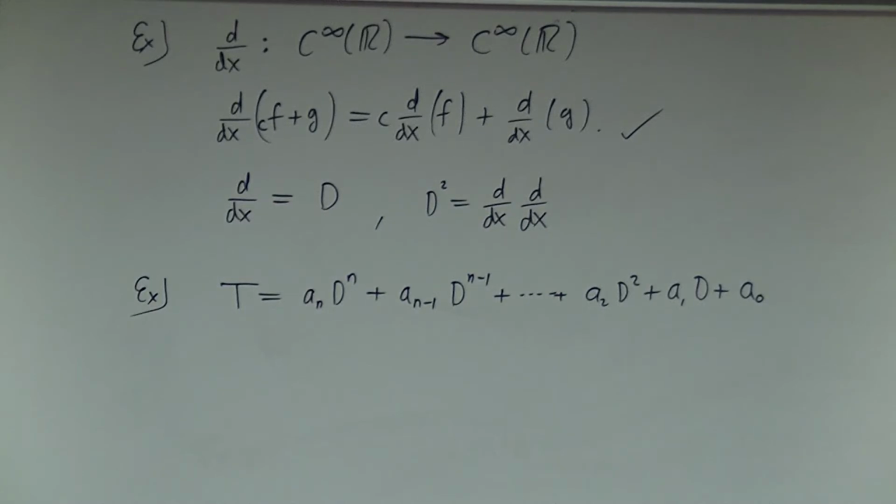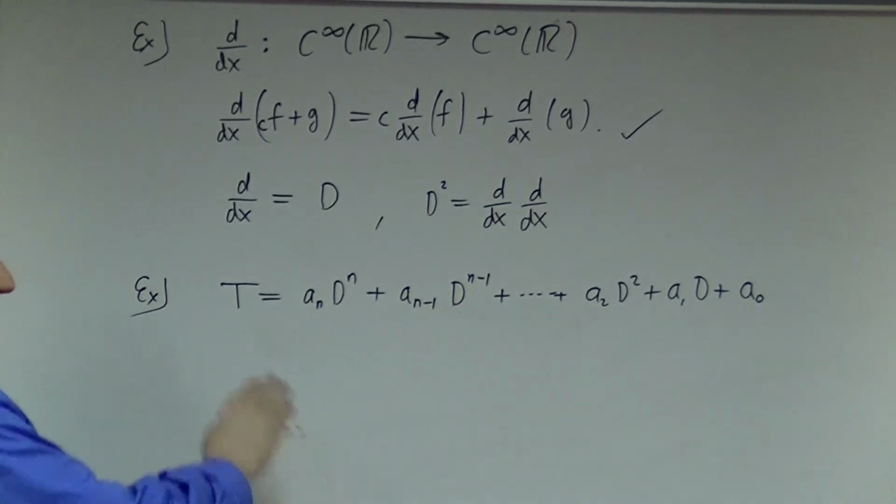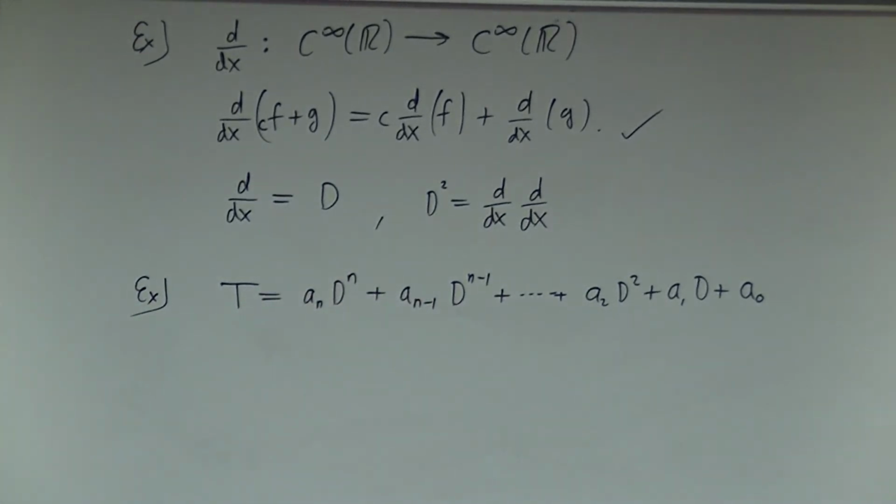So this again would be a linear transformation that takes in a function which is at least n times differentiable and gives you back another function. And the fact that this is linear follows from the fact that every one of the things that I'm adding together here is a linear transformation. We'll soon prove, not today, maybe never, that the sum of linear transformations is once more a linear transformation. The reason I might not prove it again for you is we already proved it in the case of R^n, and the proof is the same in the abstract case.